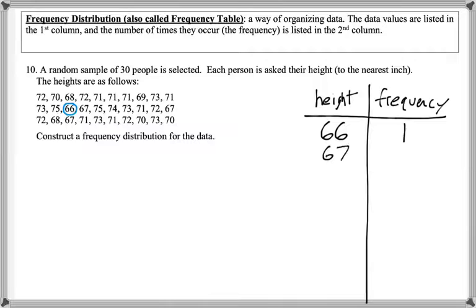Next would be 67, which has a frequency of 3. 68 has a frequency of 2. 69 has a frequency of 1. 70 has a frequency of 3.